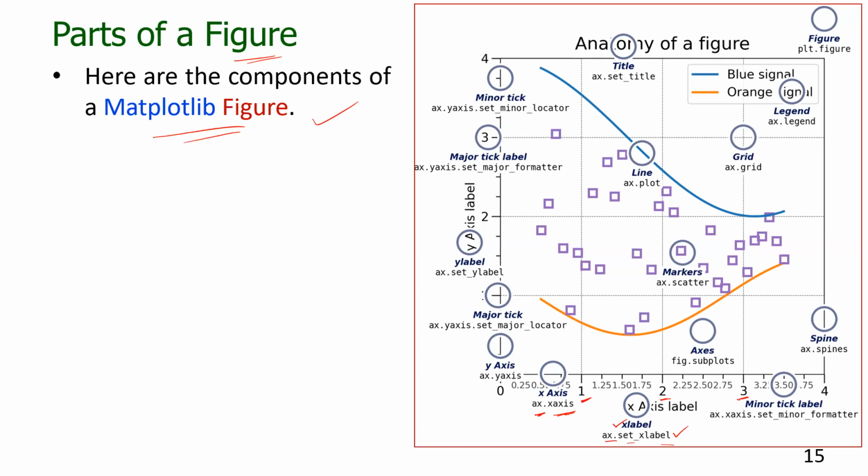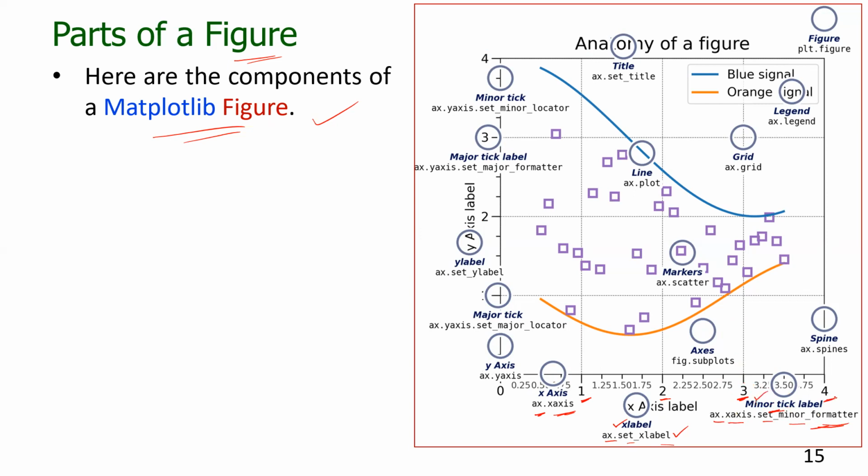Then the third one, minor tick labels, like these dashed lines. For that the statement is ax.xaxis.set_minor_formatter. This is the method for defining minor tick labels.